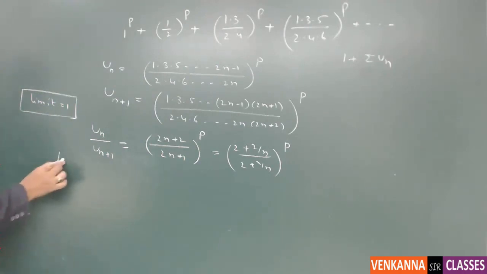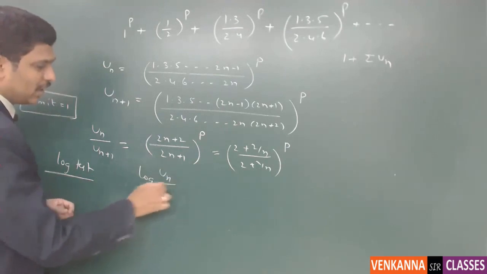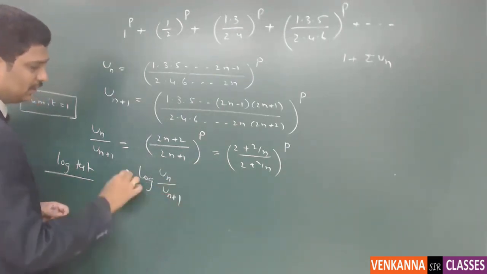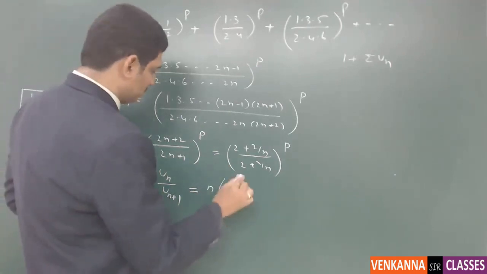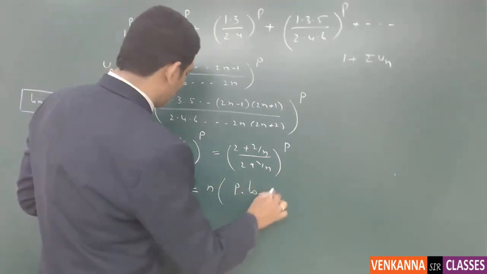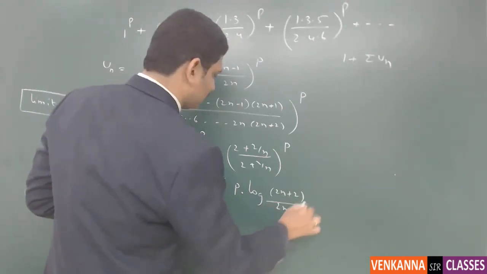So if you apply the logarithmic test, the value is given as, if you calculate log (un by un plus 1) into n, so n into p into logarithm of (2n plus 2 by 2n plus 1).